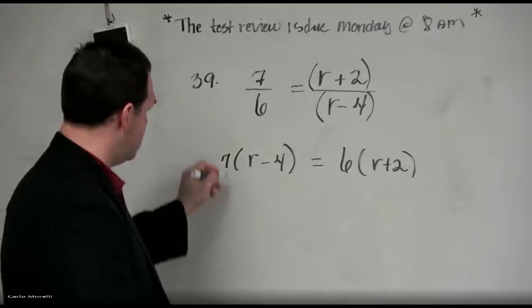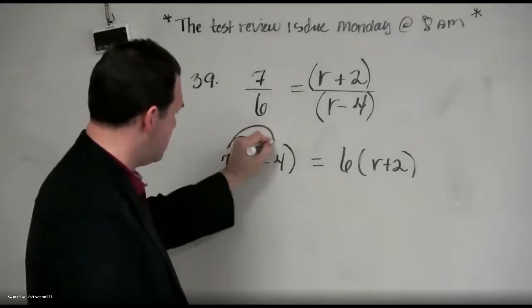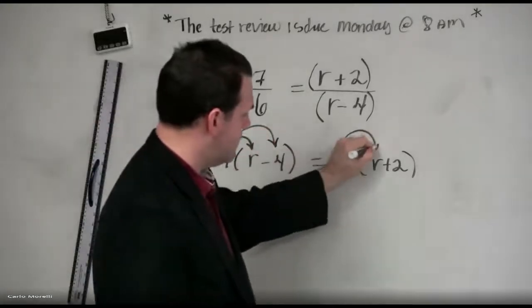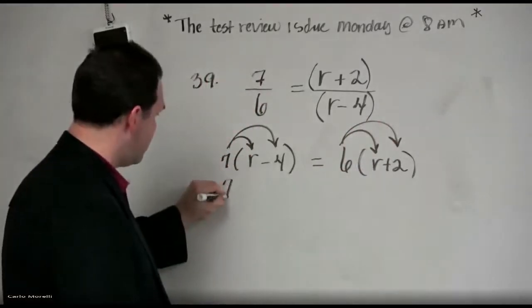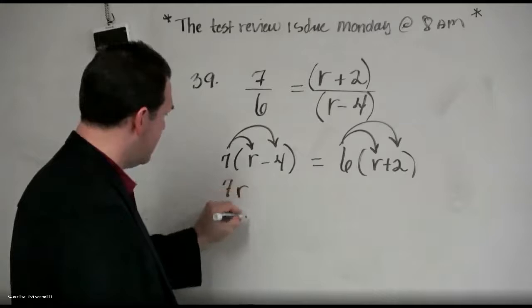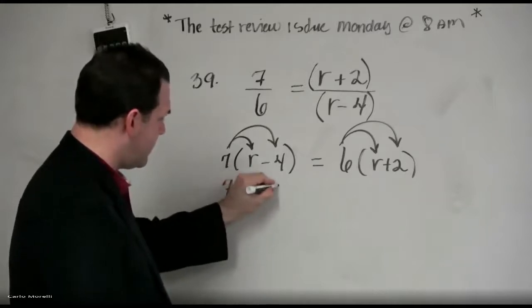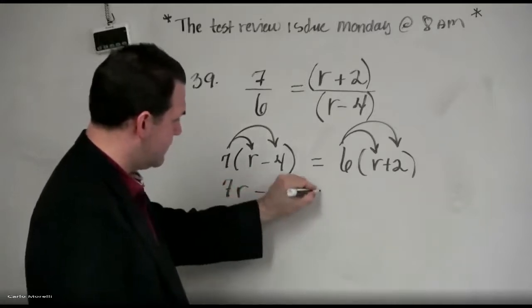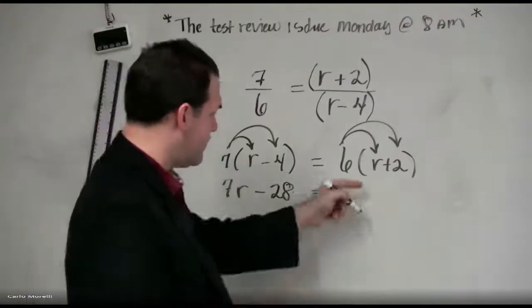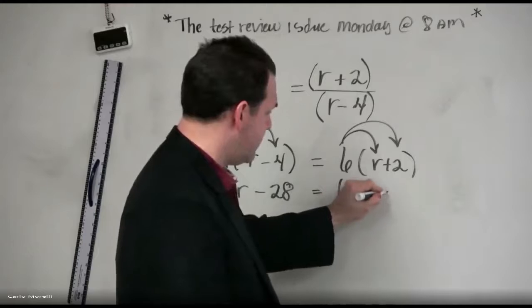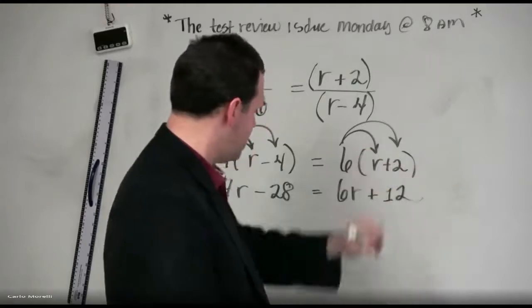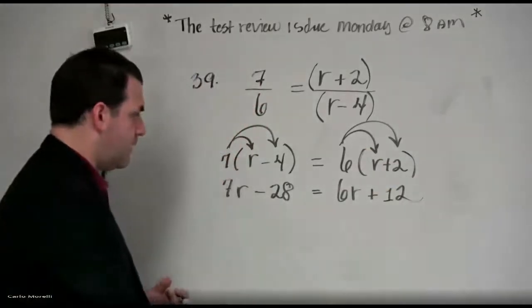All right, let's distribute. 7 times r is 7r. 7 times negative 4 is negative 28. Equals 6 times r is 6r. 6 times 2 is positive 12. Now I want to gather my r's.